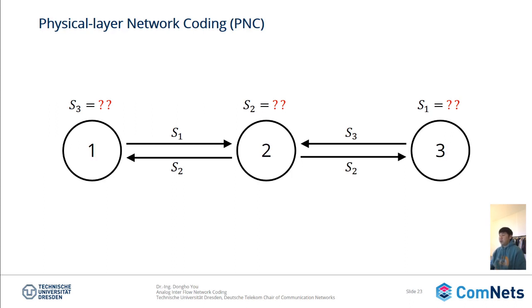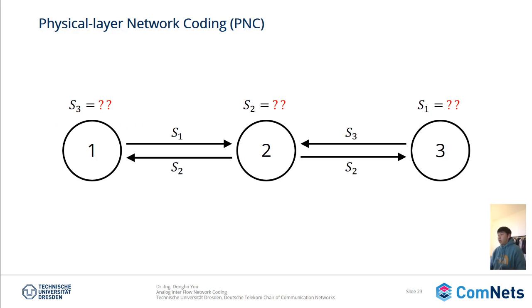Using the relayed data from node 2, node 1 and node 3 can extract their desired data somehow. Here, the important thing is how to do the network encoding in node 2 without separate reception of S1 and S3. Actually, this is very important.